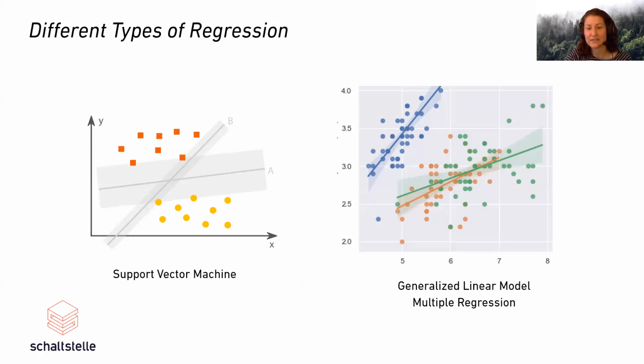As I said, there are different algorithms for each technique to choose from. With regression, we have the following two possibilities to choose from. A generalized linear model multiple regression algorithm or a support vector machine algorithm. And here again, you don't necessarily need to study statistics to decide on the algorithm. You could just build two models with the two algorithms and have a look which one gives you the better results.